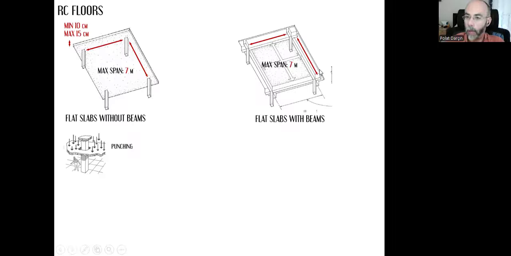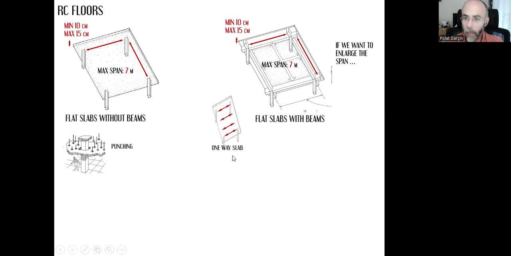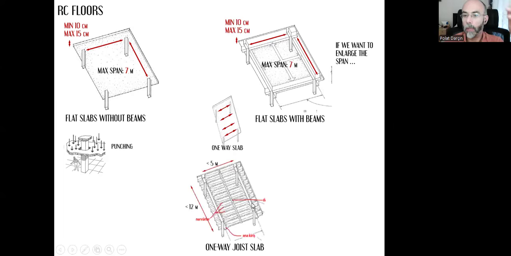We have the same limit for the span and the same thickness again for the floor slab, minimum 10, maximum 15 centimeters. And if you need to enlarge the floor area, then according to the shape of the floor, if it's rectangular, we can have girders, smaller beams, in one direction.